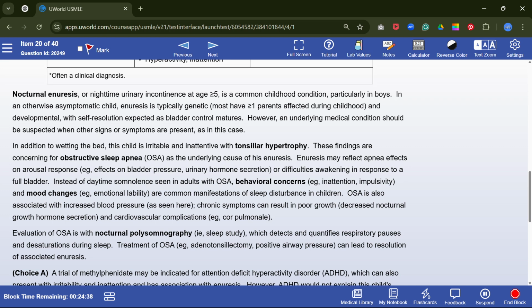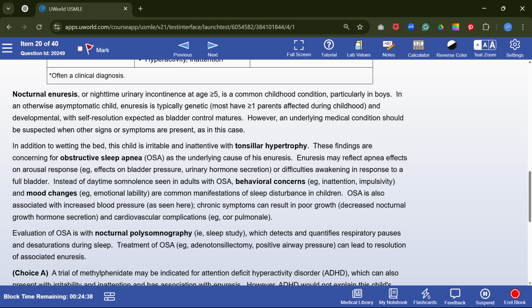Behavioral changes, inattention, impulsivity, and emotional lability are common manifestations of sleep disturbance in children. OSA is also associated with increased blood pressure, as seen in this patient.